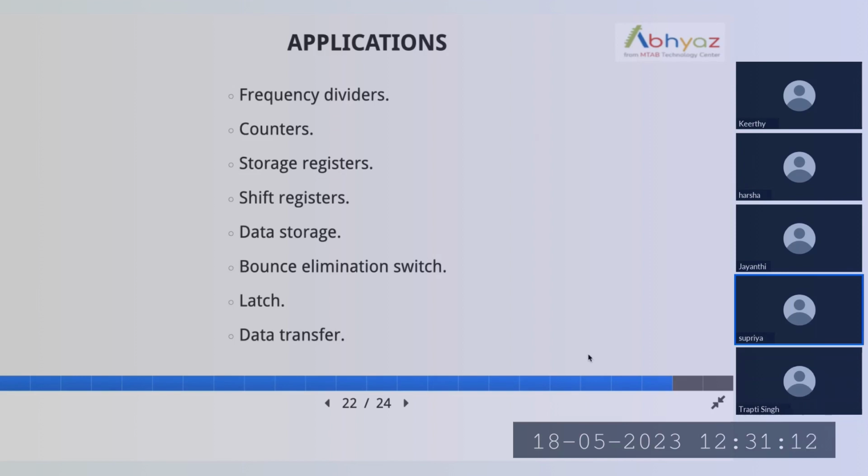We have different types of shift registers, that is left shift registers, right shift registers, etc. And as we all know, the major application of the flip-flop is storage of data, and also this data can be transferred.